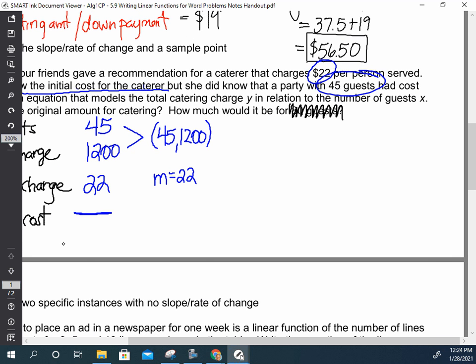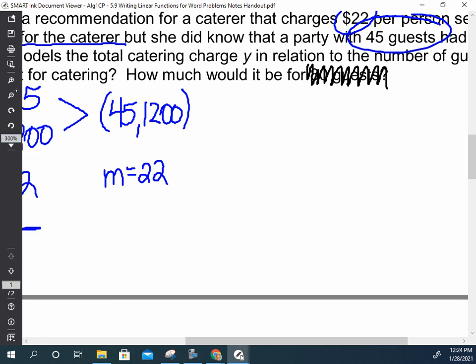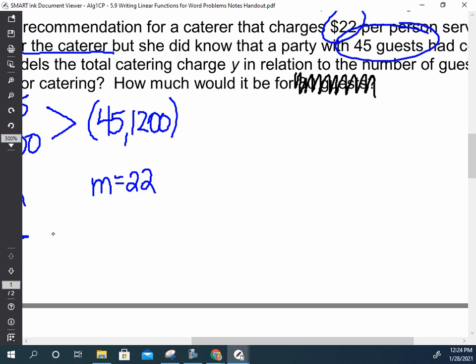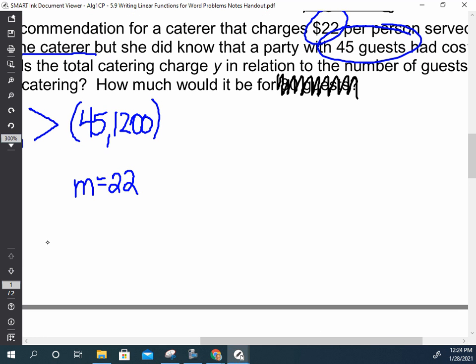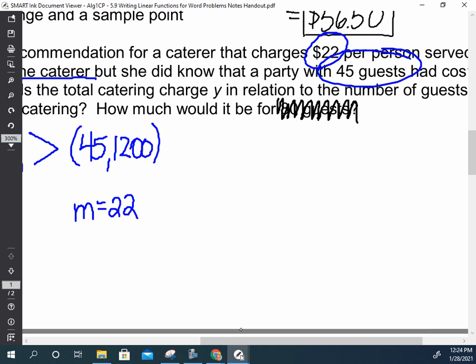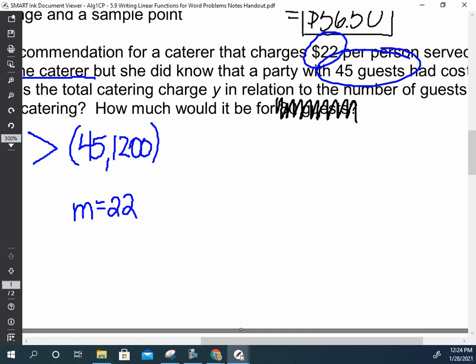Those of you who are thinking of running a company, if you can't do basic math, then guess what? People can run all over you and take all your money. Rip you off in the process. Have fun with that. So, here's your slope. Here's your point. That means you have an x value and a y value.